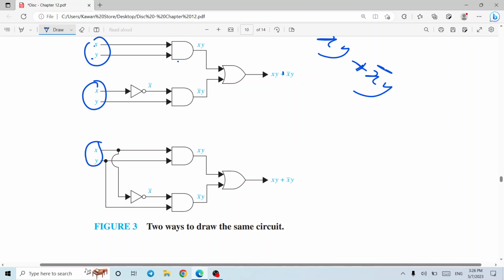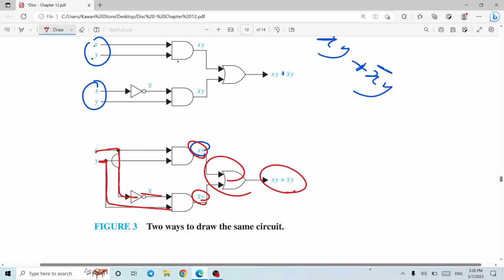How about here? 2. So he got x directly, xy, right? If you use the red, I'm going to change that one to negation. And the same inputs, and I get the same result. Understood, dears? Any question?